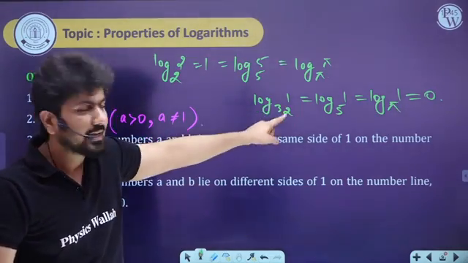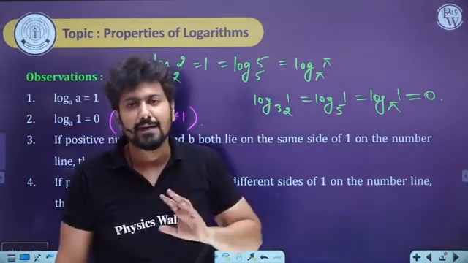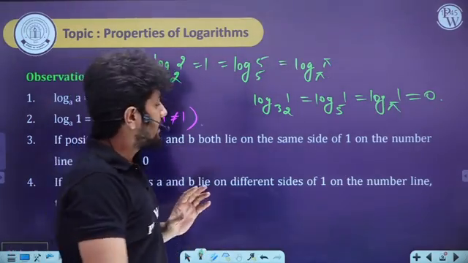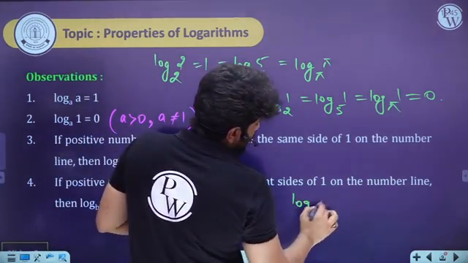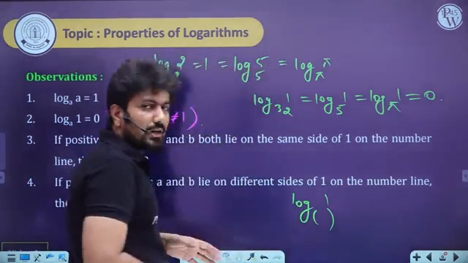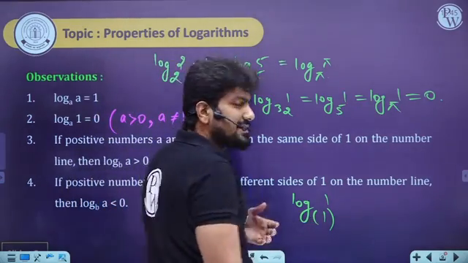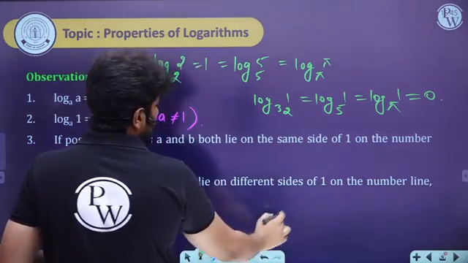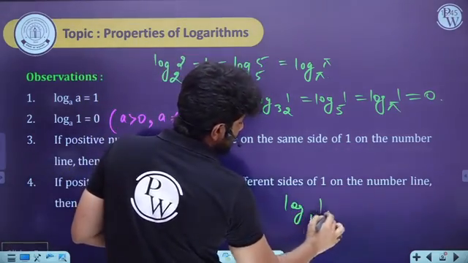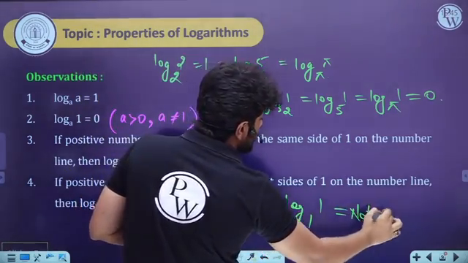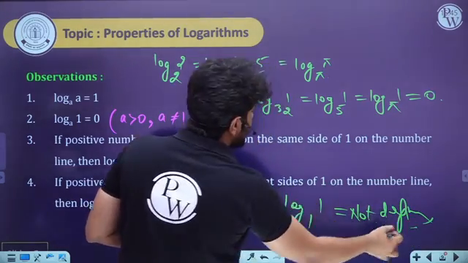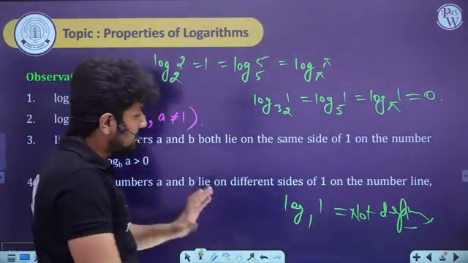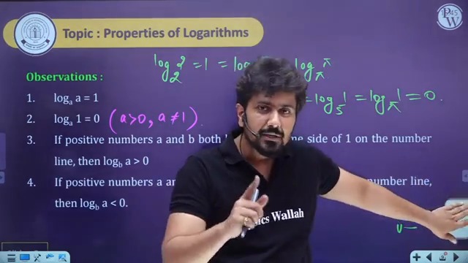Here I can't write a negative number because then it will not be even defined. Log of 1 to some negative number is not even defined. Log of 1 to the base 1 is not even defined. We can't define it. Remember this, because base can't be equal to 1.